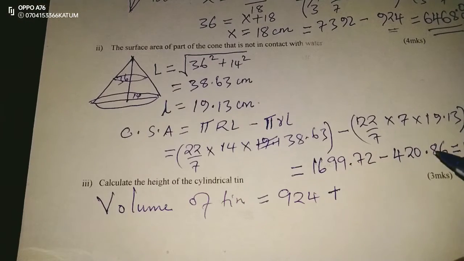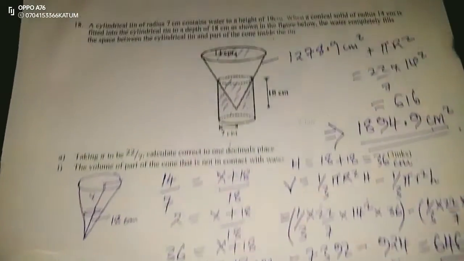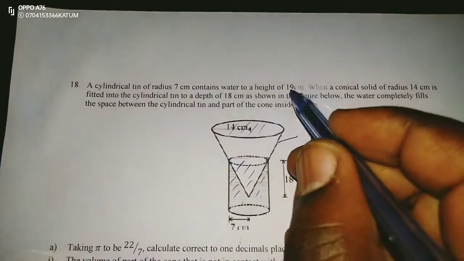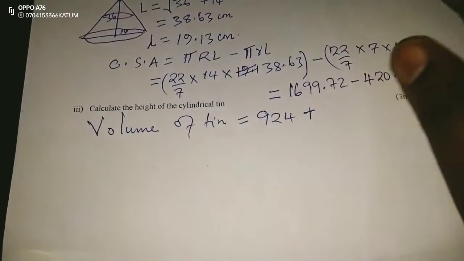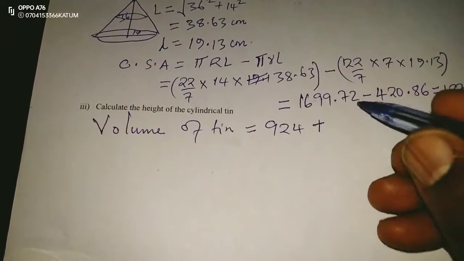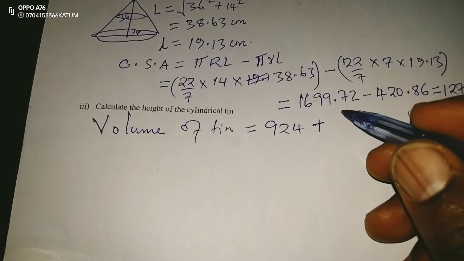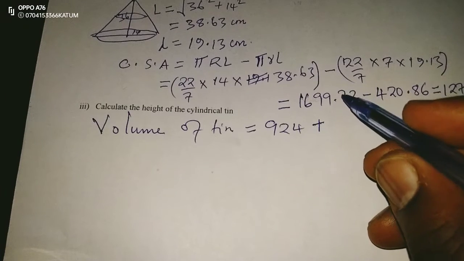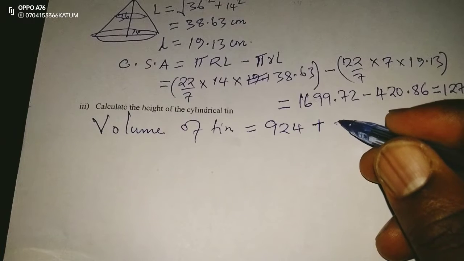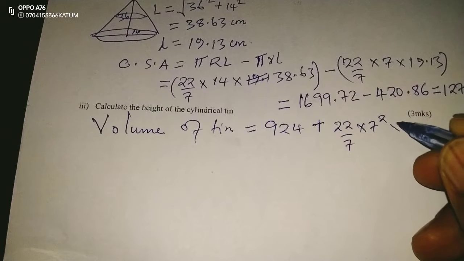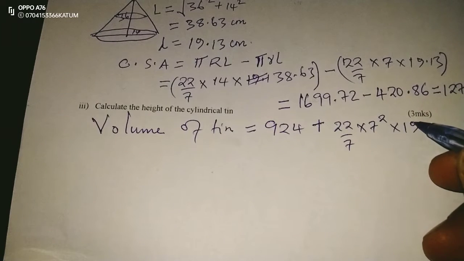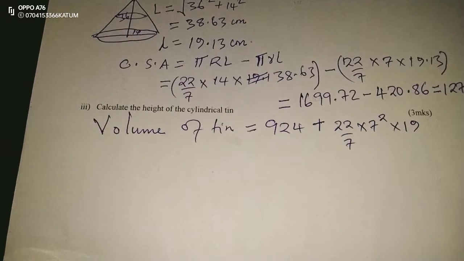And for the volume of water, because initially it had water up to a height of 19, we'll get the volume of the cylinder with a height of 19. Volume of a cylinder is given by the base area times height, which will be pi r squared times the height of 19. So this is going to be 22 over 7 multiplied by 7 times 7, then multiplied by 19.